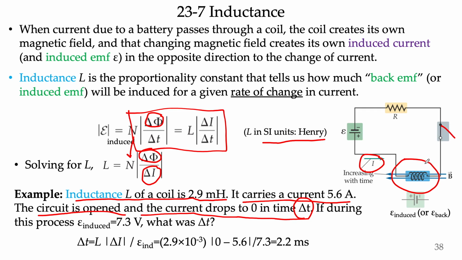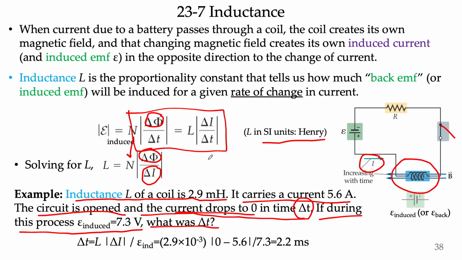But because we have an inductor, it takes some time for the current to go to 0. So if during this process the induced electromotive force is 7.3 volts, what is the time that the current drops to 0? What is delta t?